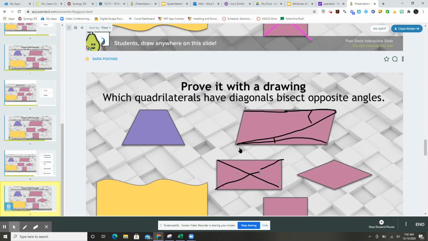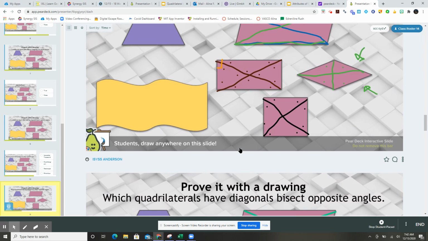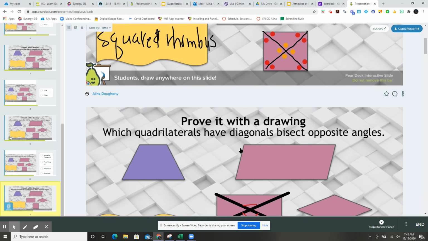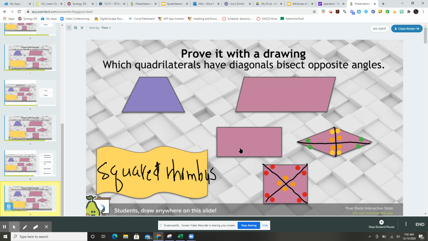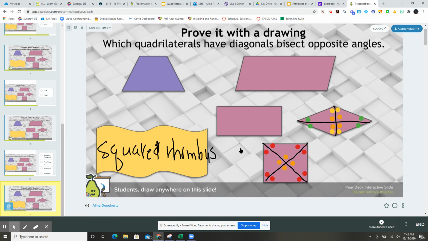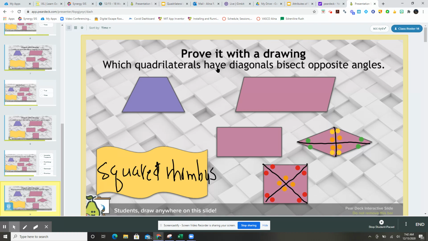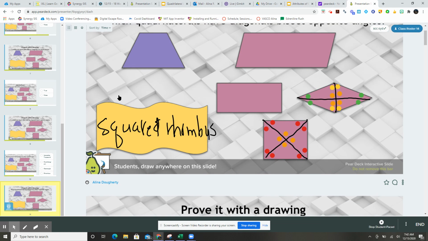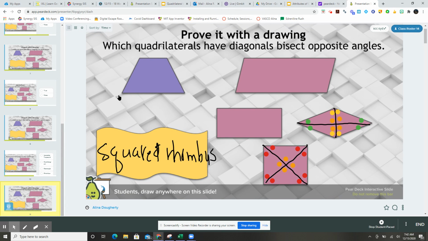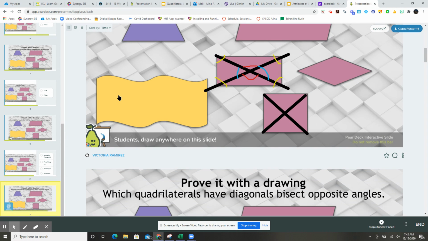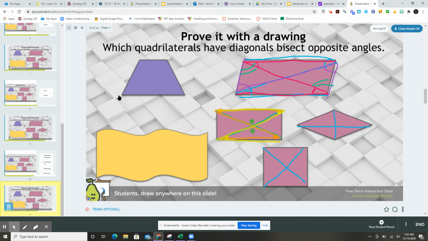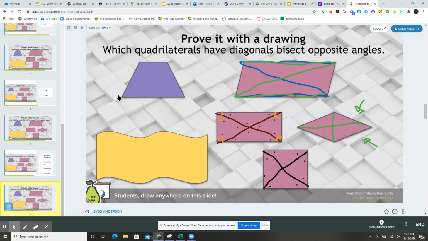Nice. You should have a lot of dots. Nice.